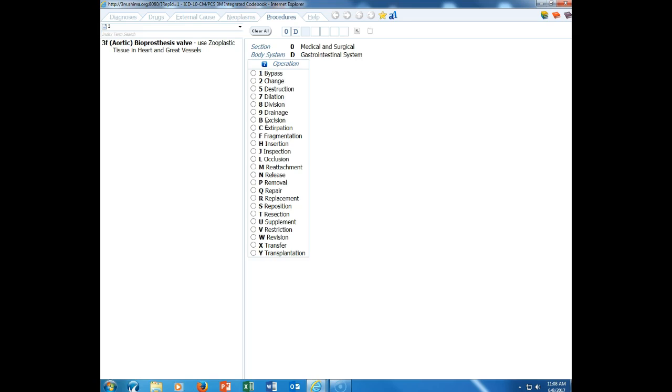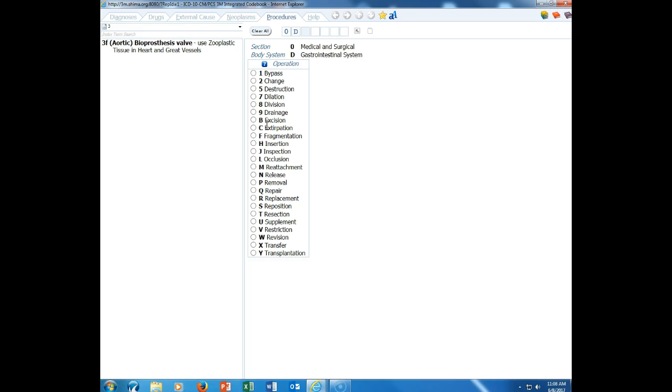In your book, they're grouping them together by their intent. The first group of 5 root operations are those that remove some or all of a body part, and these are destruction, detachment, excision, extraction, and resection. The next group are operations that remove solid fluids or gases, and so on. The book has grouped them together to make it easier to understand the intent.